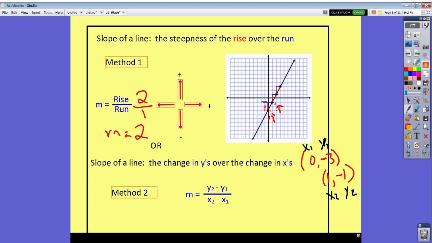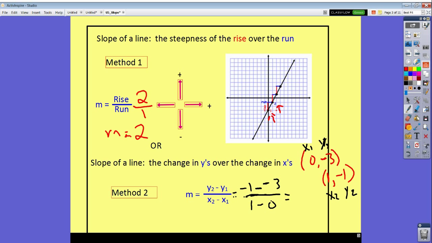And so for y2, I have -1, so this is equal to -1 minus y1, which is -3, all divided by x2, which is 1, minus 0.